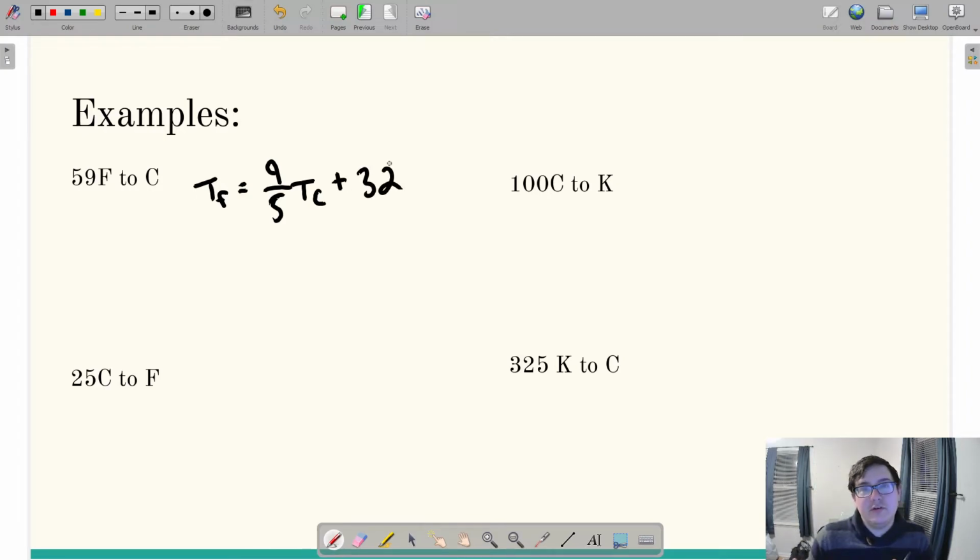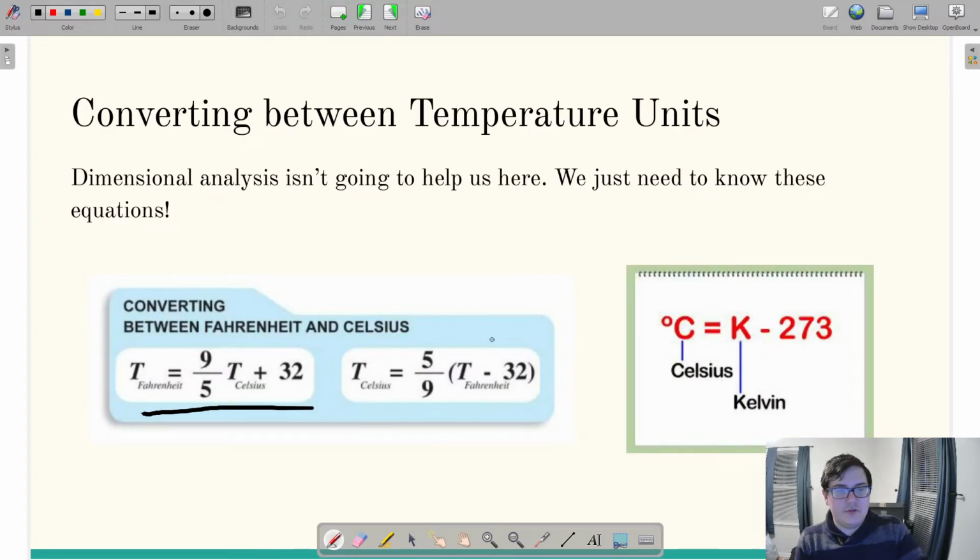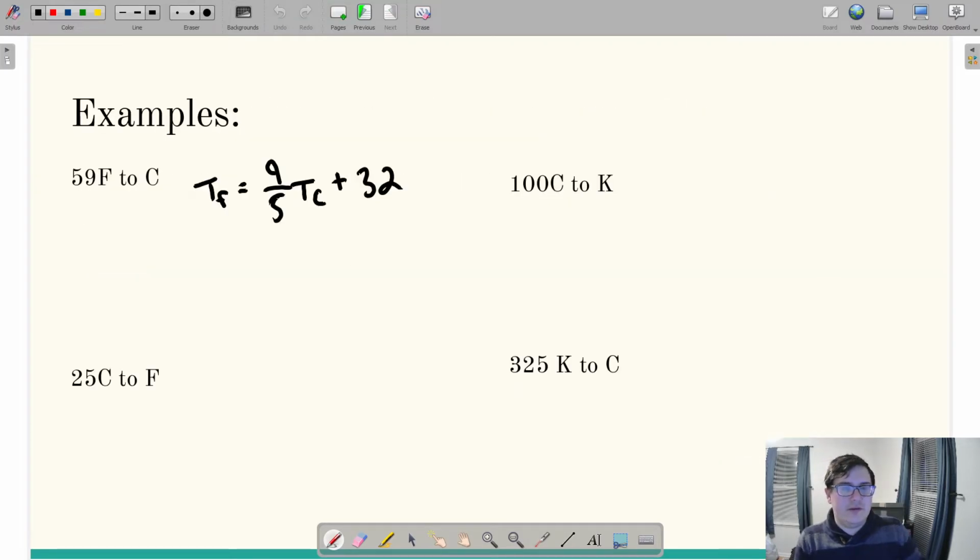Now, you could use these equations back and forth. I'll have both for you up there, but let's just plug it in. So, actually, we're going from Fahrenheit to Celsius, not Celsius to Fahrenheit. So we're going to use the other formula. Yeah, let's do that.